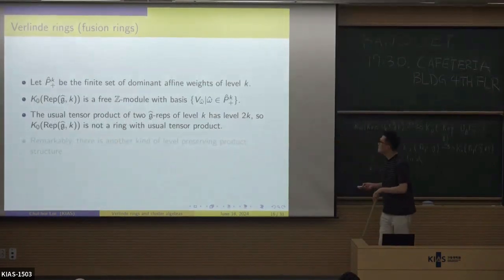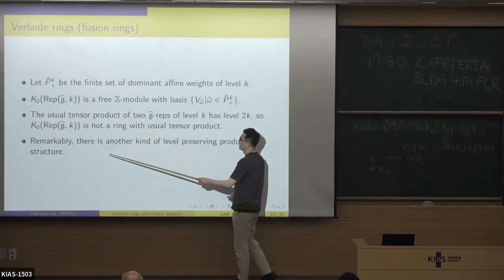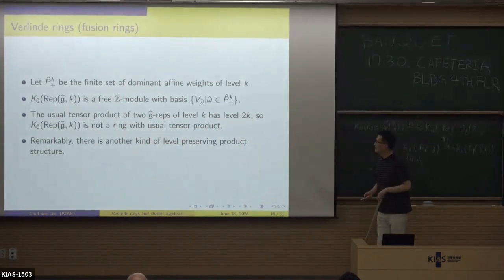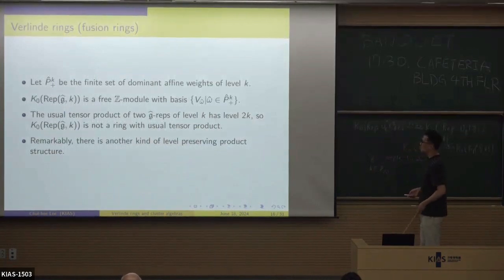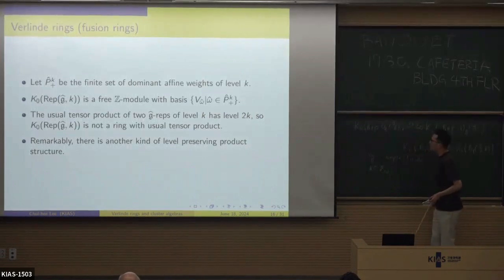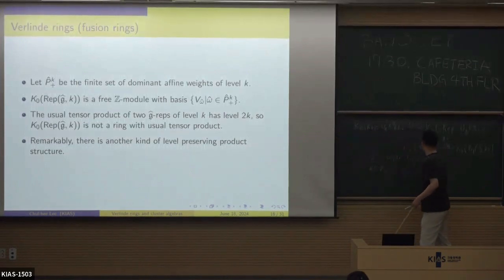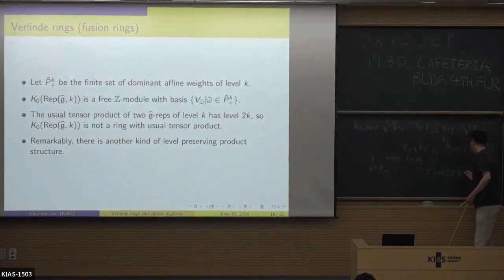And one of the remarkable phenomena is that on this Z-module, there's another kind of product which preserves the level. There are some students here who may wonder why this is so. The universal enveloping algebra of any Lie algebra has a co-algebra structure, and the central element is mapped to this under the co-multiplication.